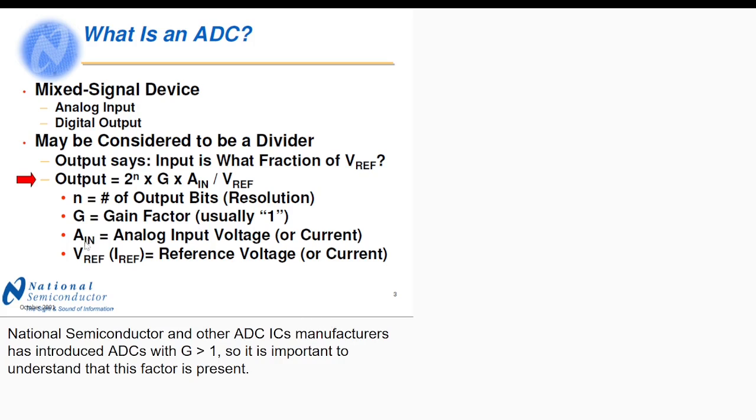The rest are analog in the reference voltage, or it can be IREF, as we discussed before. And as I mentioned, there are ADCs from National Semiconductor. This is a very good presentation which I found from this quality manufacturer. But not only them, other manufacturers also produce ADCs with a gain factor greater than 1.